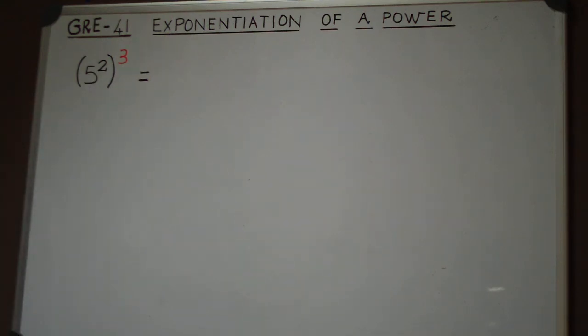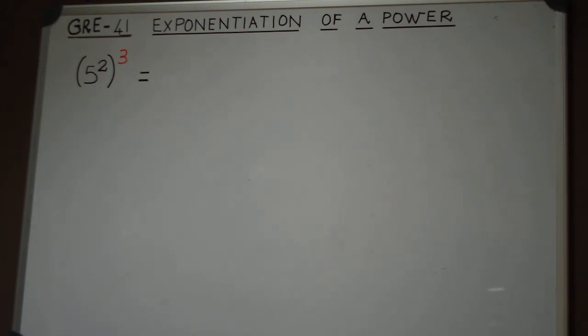Now, what we would like to do is to manipulate this expression, and at the end of this manipulation, we will get a formula that will give us how to calculate the exponentiation of a power in two different ways. How come we want two different ways to calculate it?